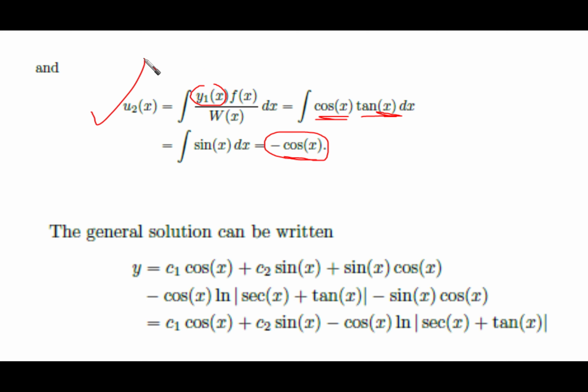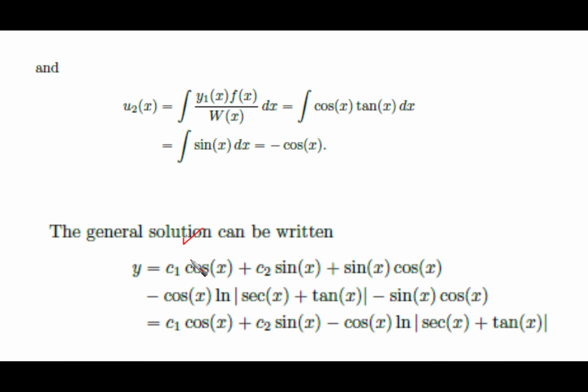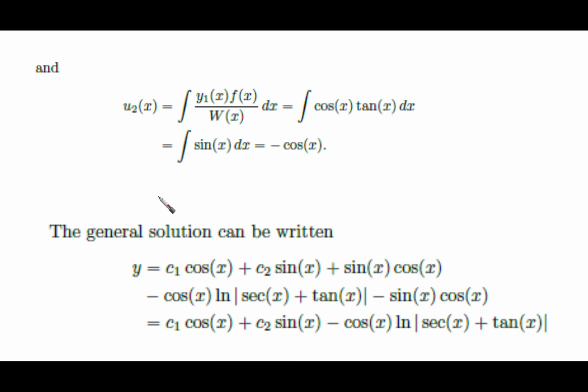Now we know u1 and we know u2. u2 is minus cosine x, and u1 is sine x minus ln of sec x plus tan x. Now the general solution can be written as follows, which contains all the solutions of the non-homogeneous equation: C1 cosine x plus C2 sine x.